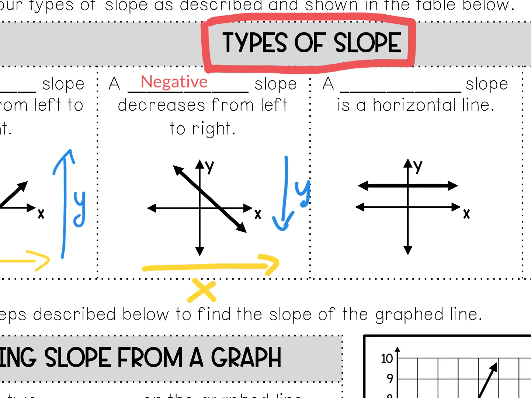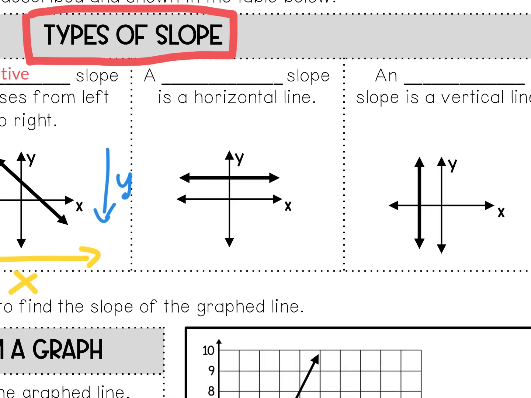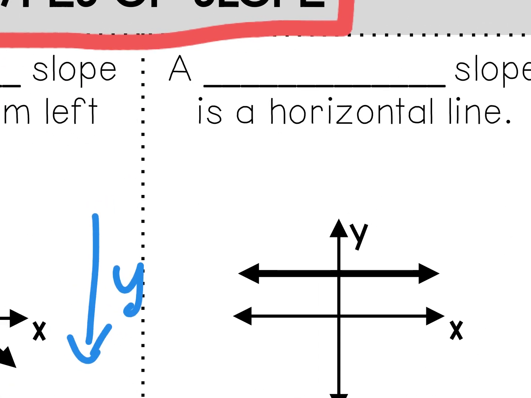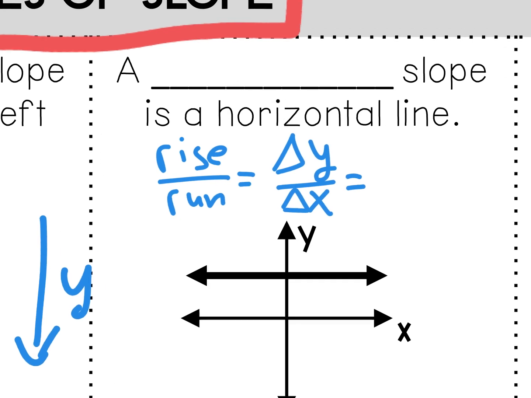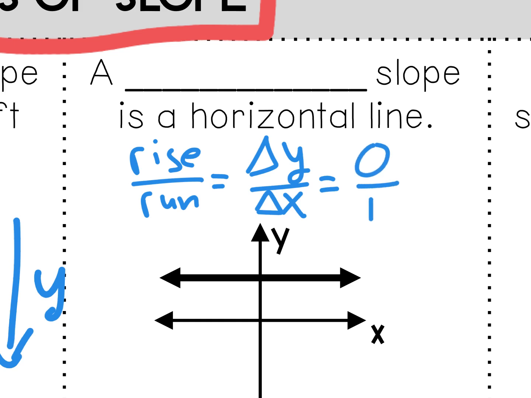And so a horizontal line is going to be something slightly different because rise over run is where I'm getting these slopes from. Change in y over change in x. What's the change in y on a horizontal line? 0 divided by any number is what? So the slope for a horizontal line should be 0.